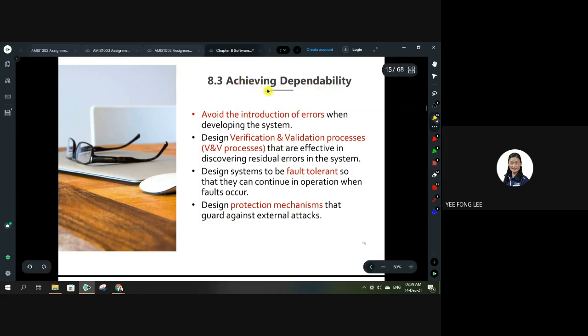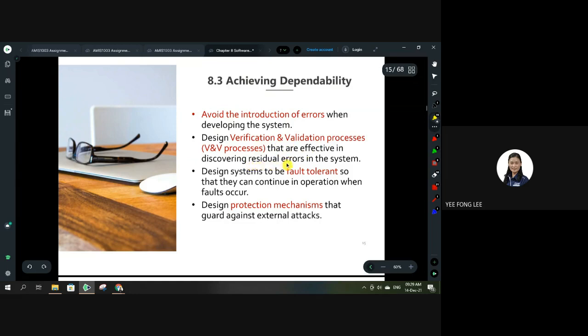They have a few methods listed. Avoid introduction of errors. Design verification and validation that are effective in discovering residual errors.